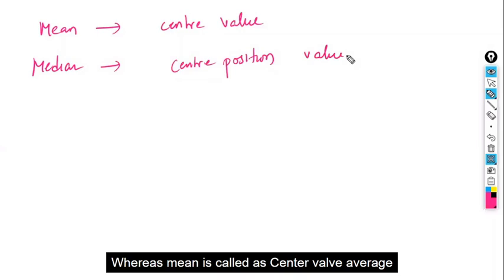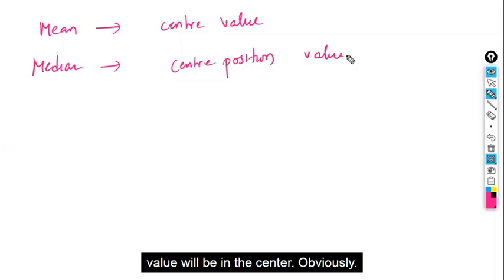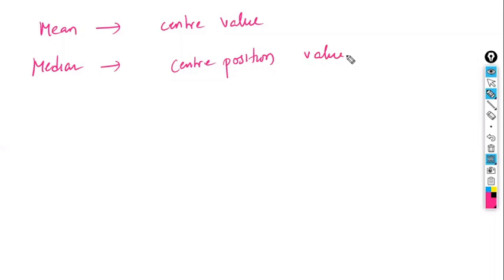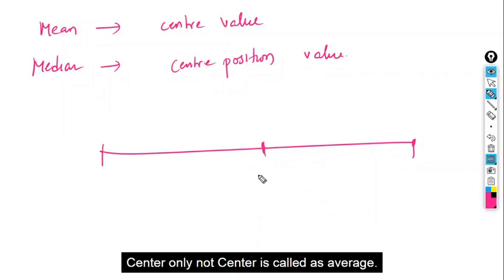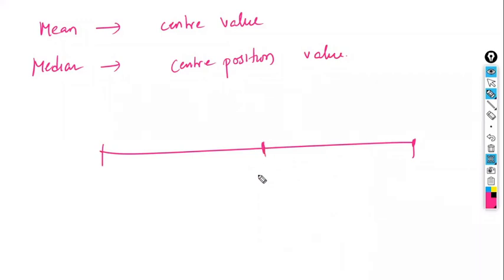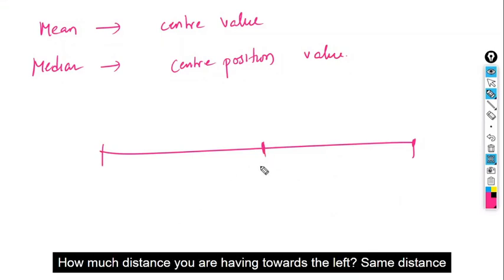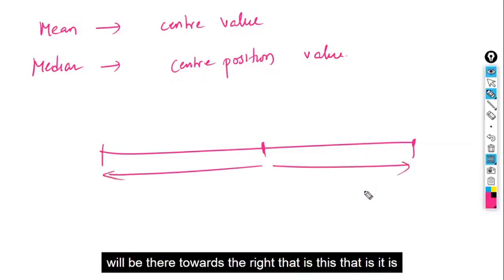Whereas mean is the center value. The average value will be in the center, obviously. Average means center only, no? How much distance you have towards the left, the same distance will be there towards the right.